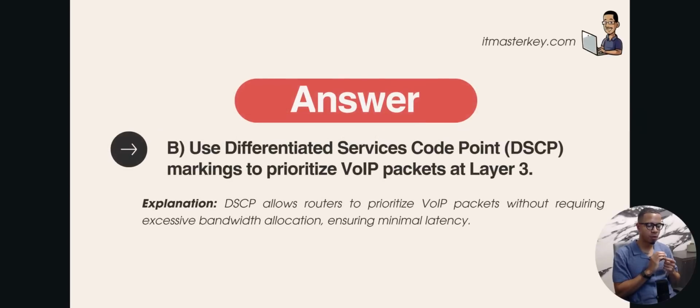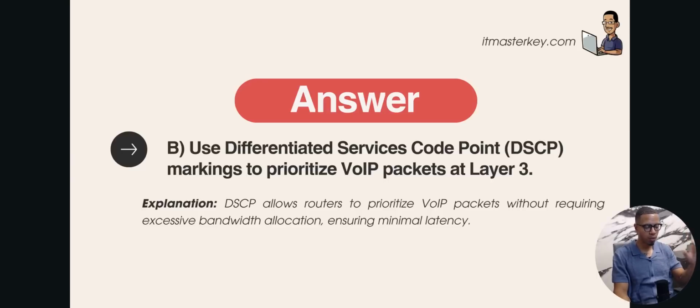So for this, you can use DSCP markings to prioritize VoIP packets at layer 3. Now, one thing I will say is these questions are difficult. The question on the exam may be even more difficult because a lot of times they will not say what the acronym stands for. It'll just say DSCP.